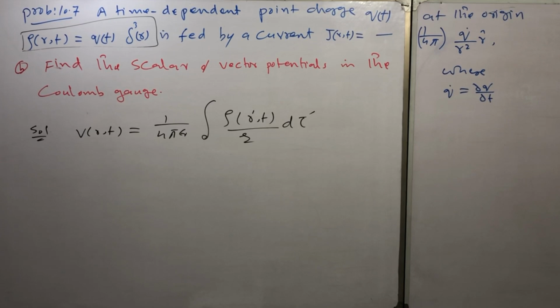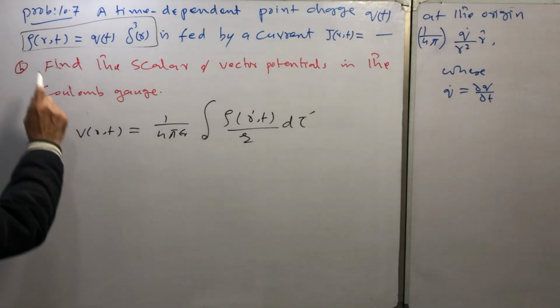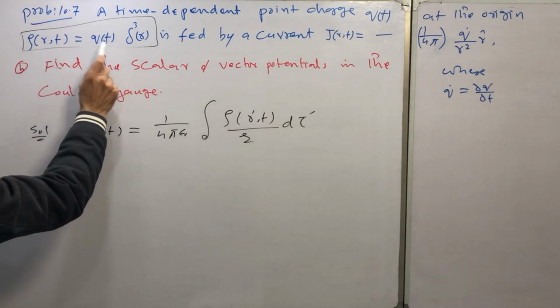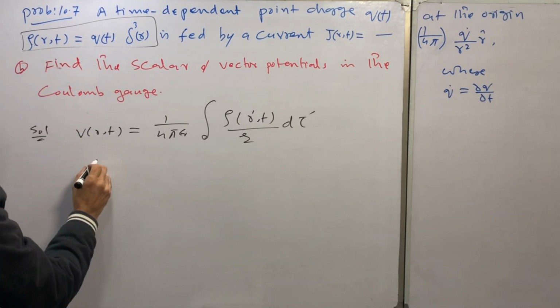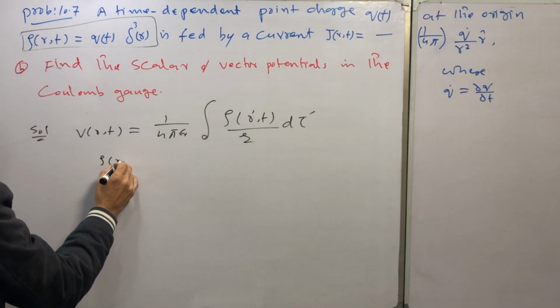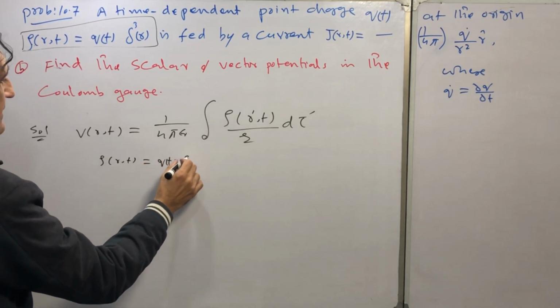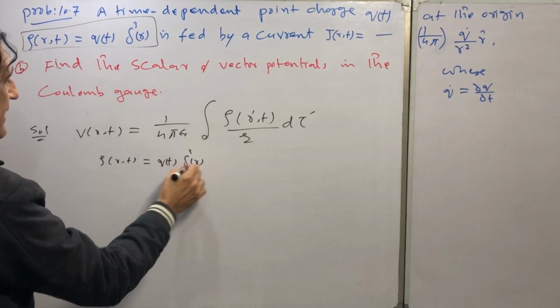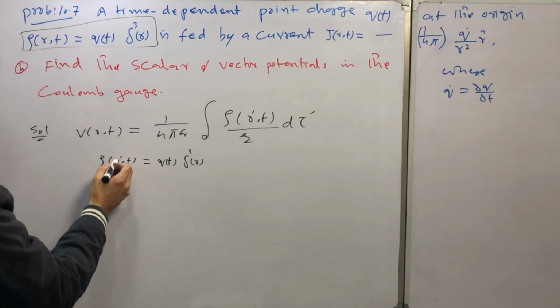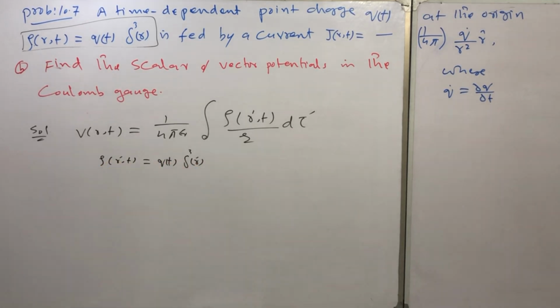We have been given that the charge density rho of r and t is equal to q of t delta cube of r. So if this is r prime, then this will be r prime.